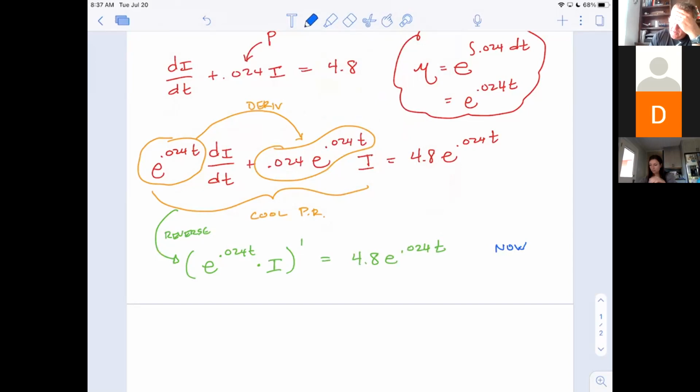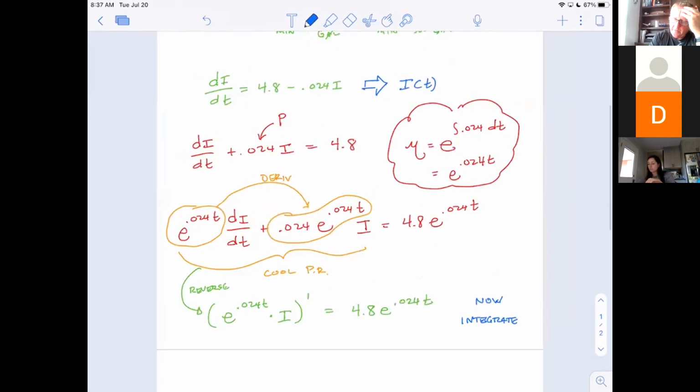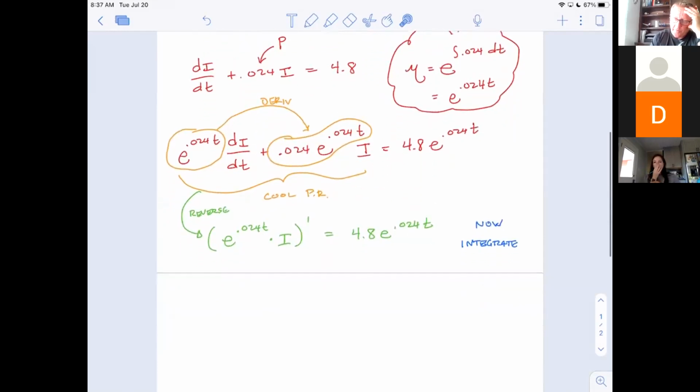Now we do what we always must do to solve a differential equation, which is to get rid of the derivative. I said this yesterday, and I want to keep repeating it so that it goes deeply into your brain. If my goal is to find I as a function of t, so that I have a model for the iodine over time, I don't want any derivatives in it. So I'm going to have to integrate to get rid of them. The cool thing is, if I integrate the left side, the derivative disappears.